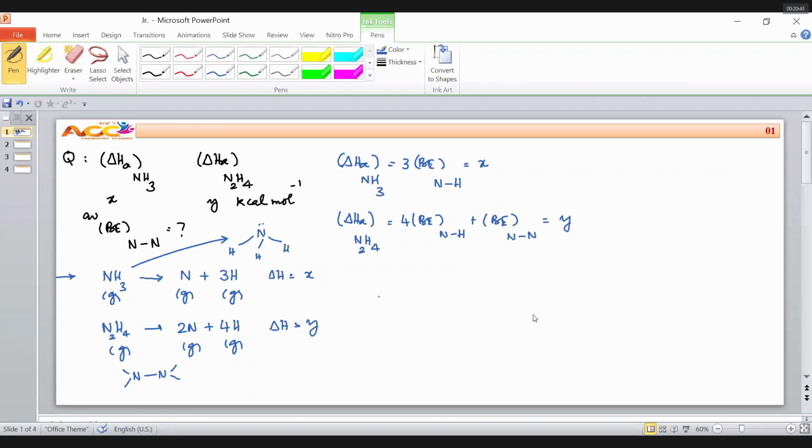This is Y. So this implies 4x by 3 plus, I don't know this value, say alpha, is equal to Y. What is alpha? Enjoy it. Go ahead.